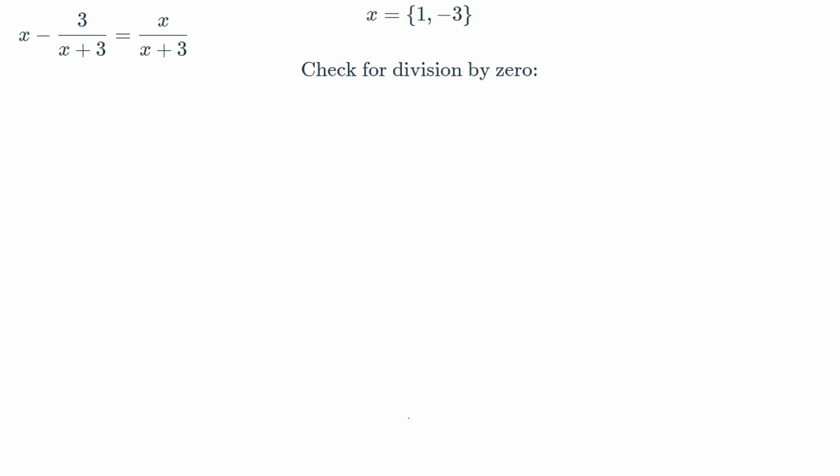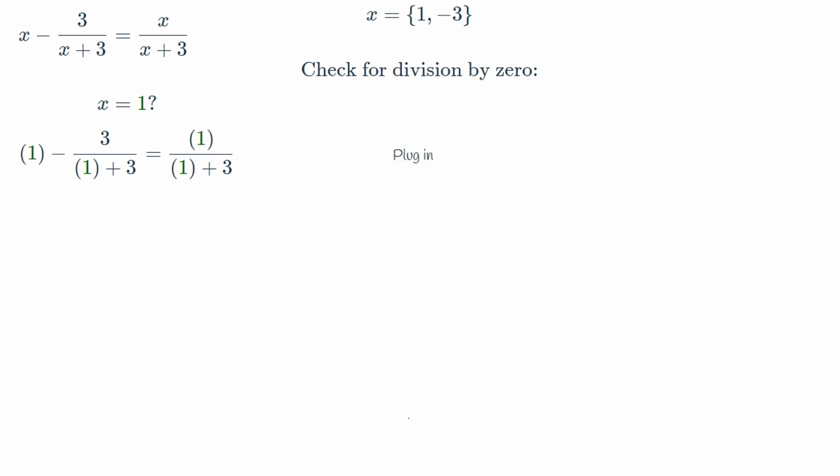Now, back in the original equation up in the top left-hand corner, we're going to take what we found for our answers and see if they both check out, so that we don't have any division by 0, by substituting in those values.